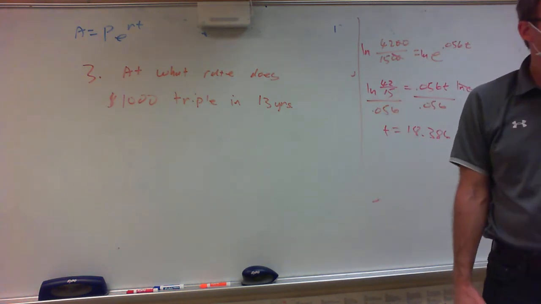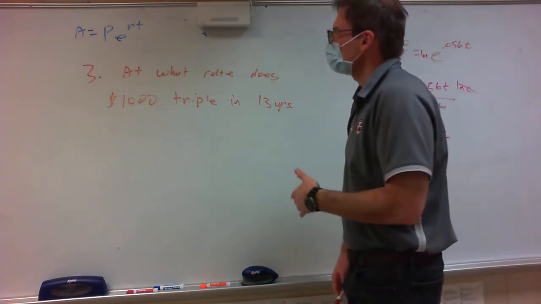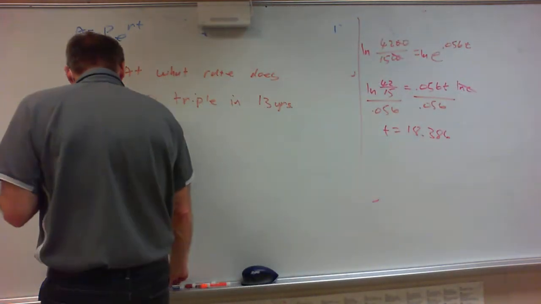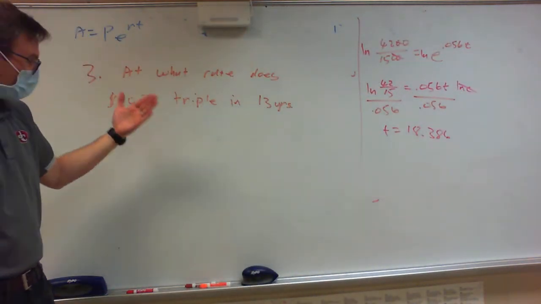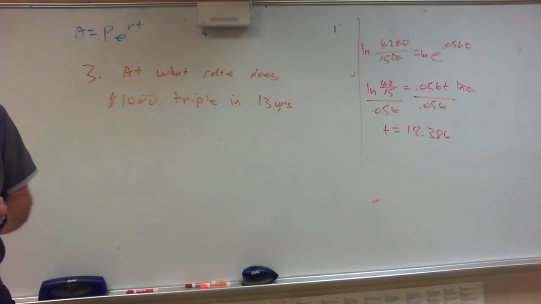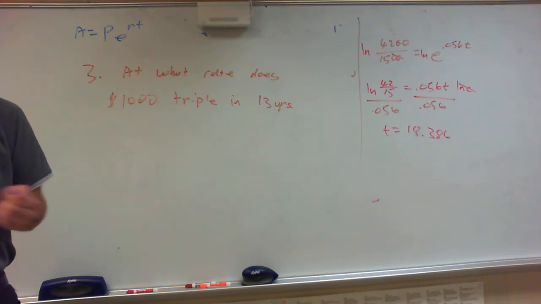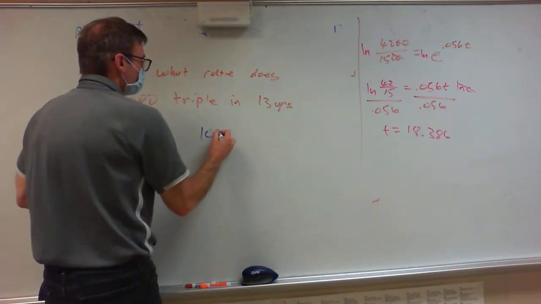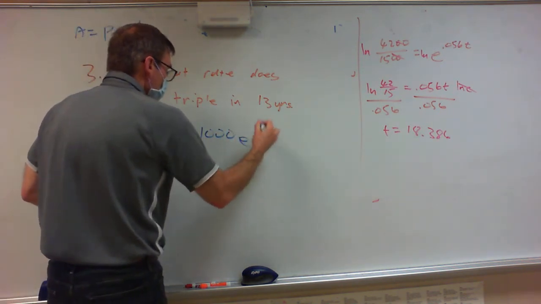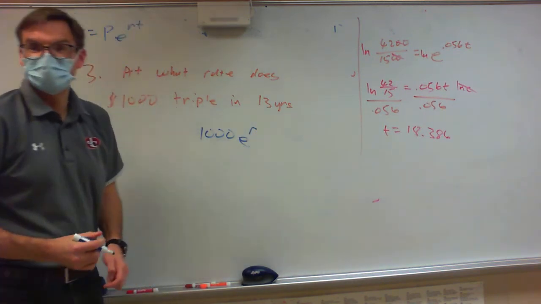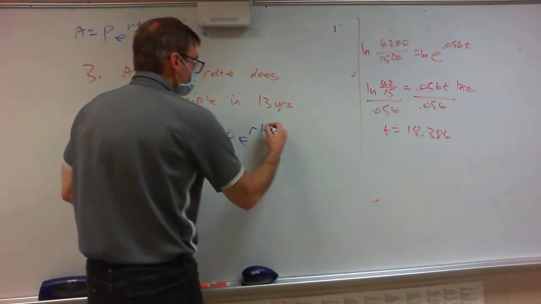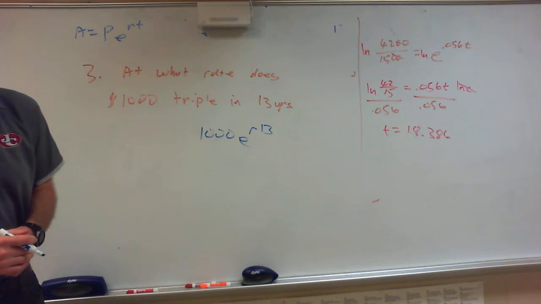Everybody okay with that? So it's at what rate does $1,000 triple in 13 years? So let's use our formula again. What do we start with? 1,000. Is everybody okay? We start with 1,000. E. I don't know the rate. Do I know the time? 13 years. How much do we want? 3,000.